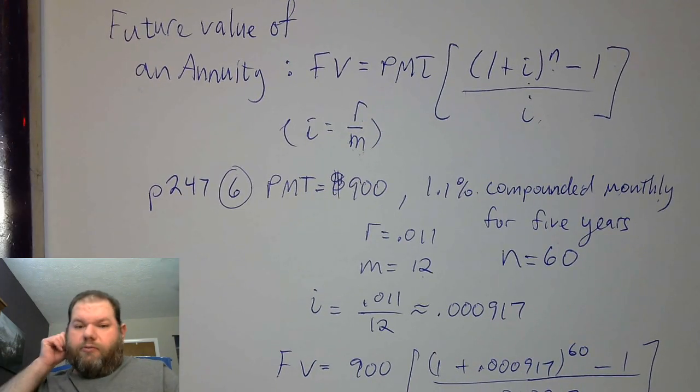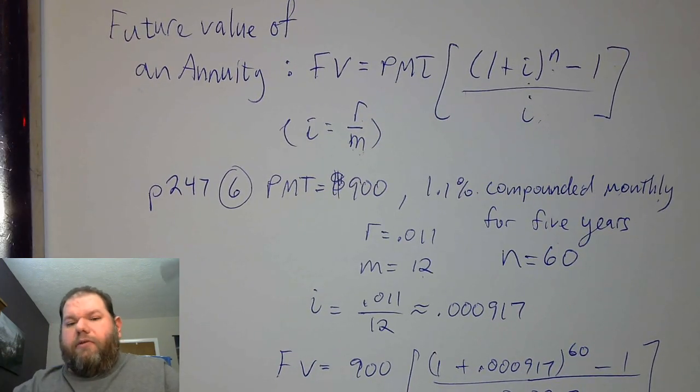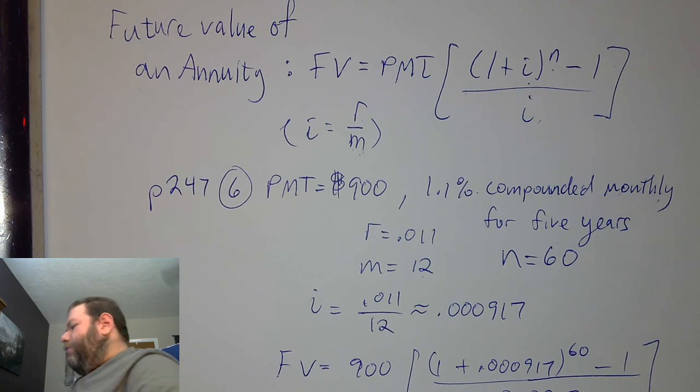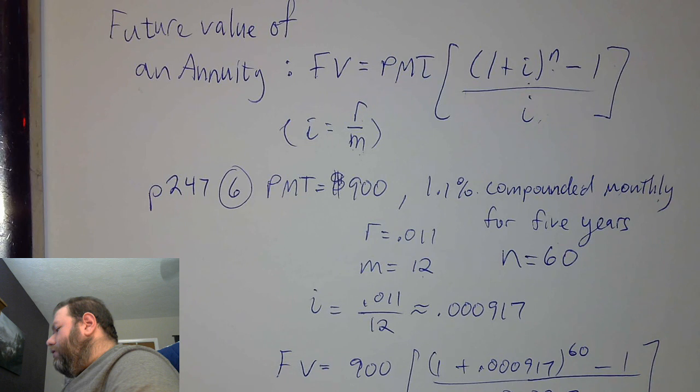Okay. Were there other questions on future value? We can do some more if we need to, or present value, or anything else. Okay, yeah. Let me pull up your Canvas course so I can look at that.